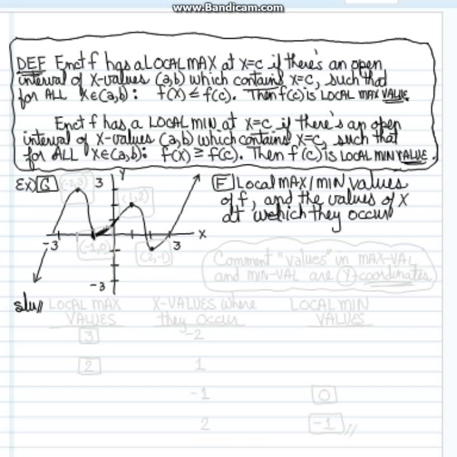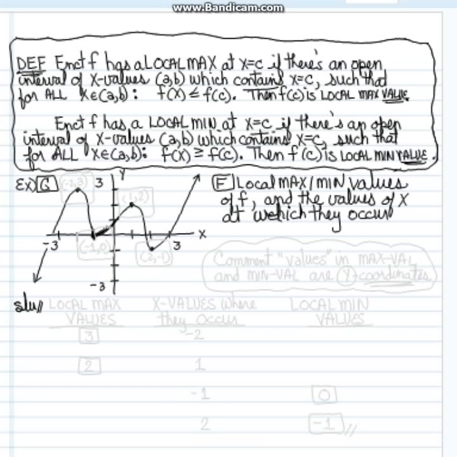They'll always be taller than the y partner of c. So when you have a local minimum at x equals c, the local min value is the y partner to x equals c. It is f of c. So whenever they ask for a local min value or a local max value, they're asking for the y partner.